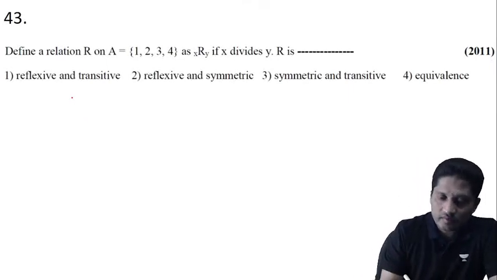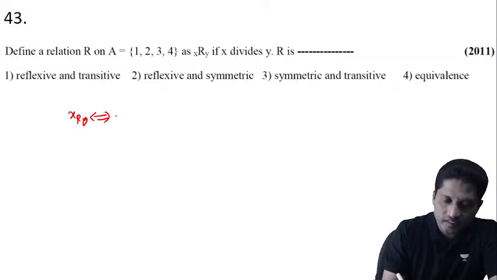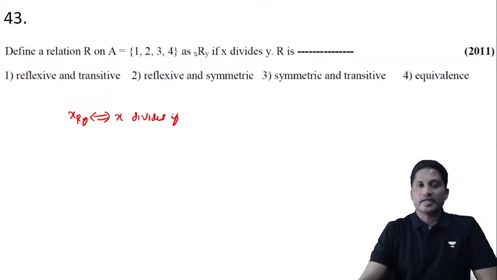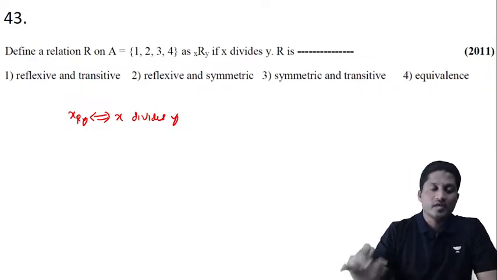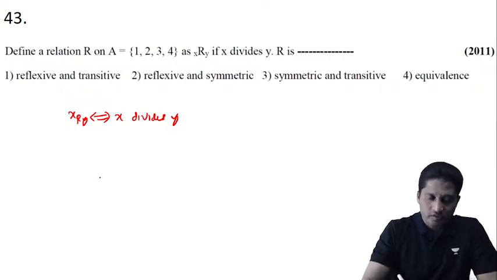X is related to y if and only if x divides y. Right, any number divides itself, right? So obviously it is reflexive. If x divides y, y doesn't divide x. Let's say 2 divides 4, but 4 doesn't divide 2.